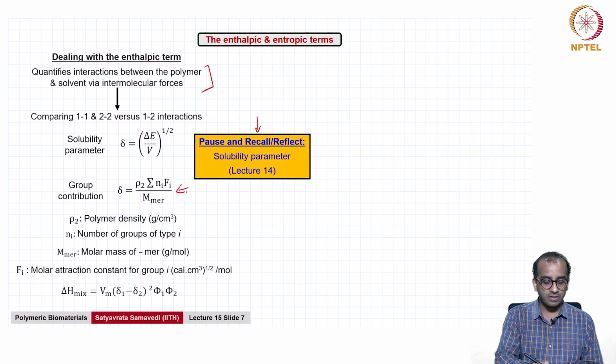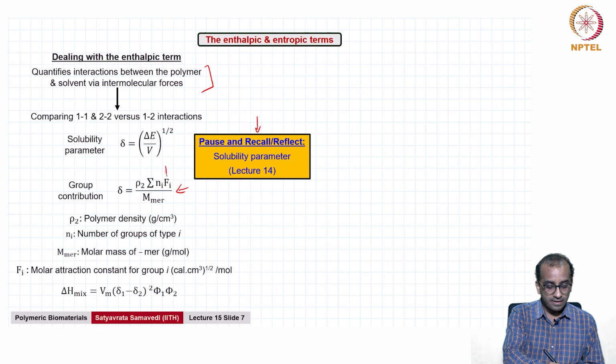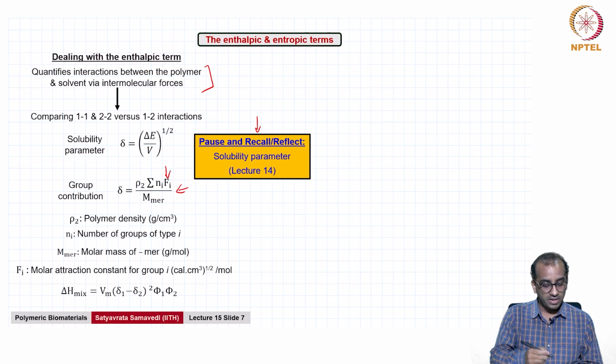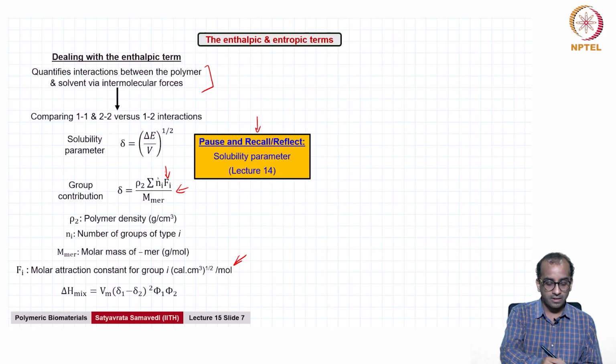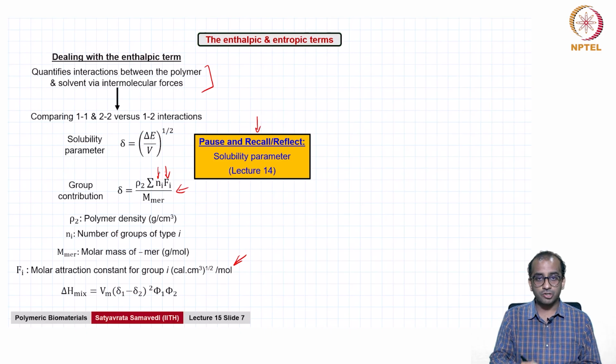So, delta here is related to Fi, where F is the molar attraction constant for group i, where i could be any group, it could be methyl, it could be benzyl, depending on what polymer you are talking about, and Ni is the number of such groups.